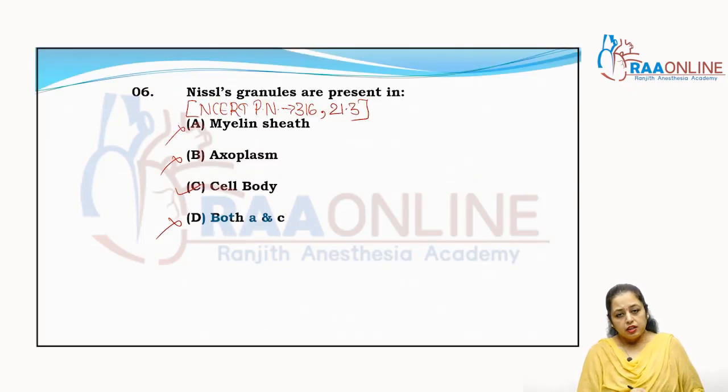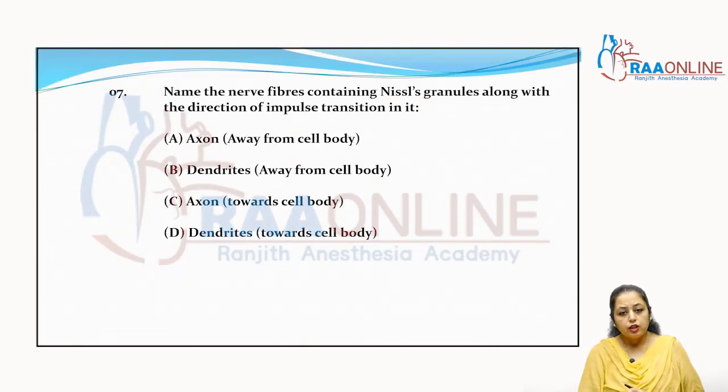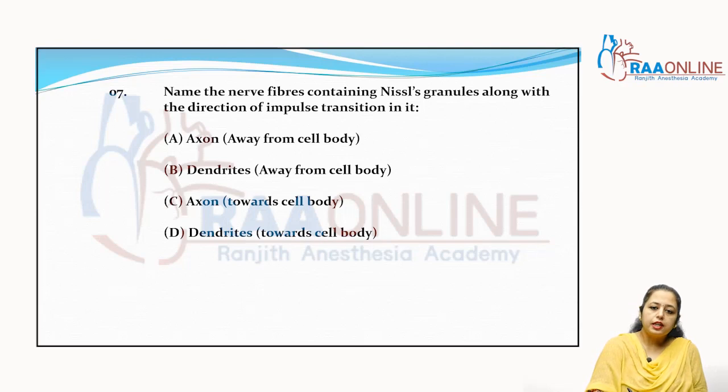Clear? These Nissl's granules are made up of the mRNA and the ribosomes, right? This is the question of pre-medical, and endoplasmic reticulum, right? So memorize it properly. Now come to the next question, that is the 7th.